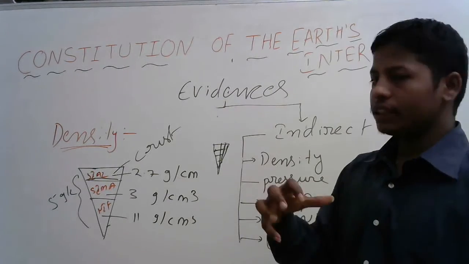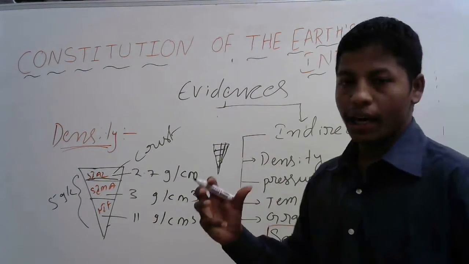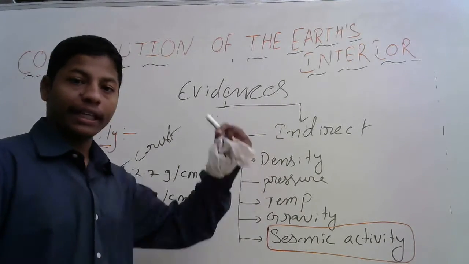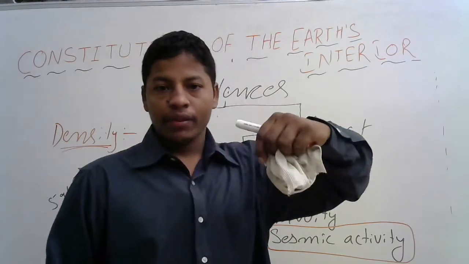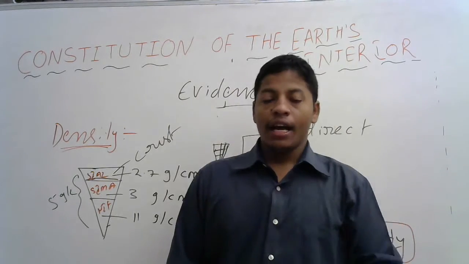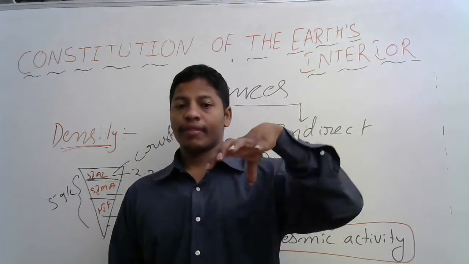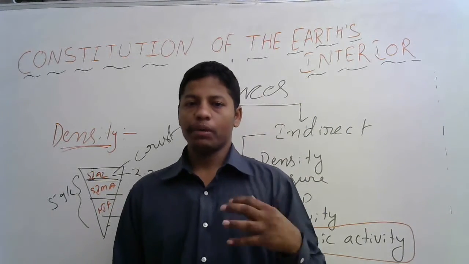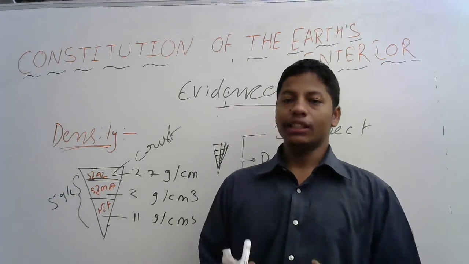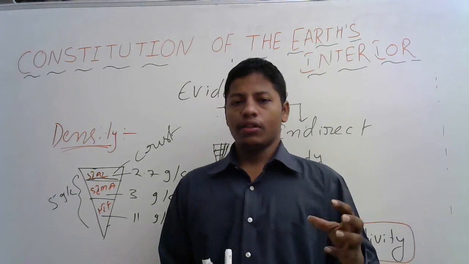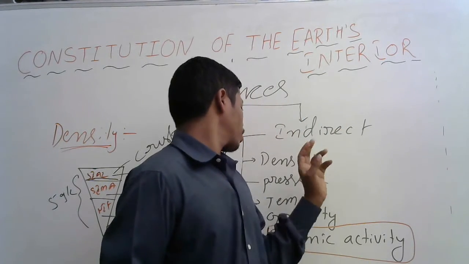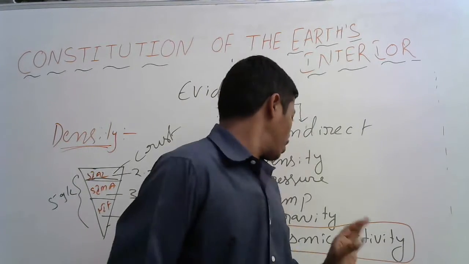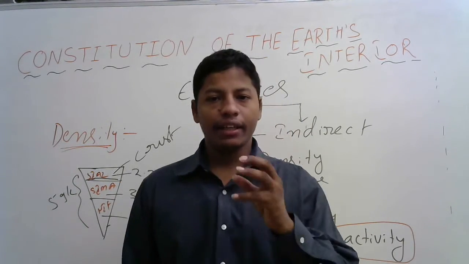High density automatically raises the pressure. Pressure and density rise as depth increases, and the temperature also increases. Okay, density, pressure, and temperature.